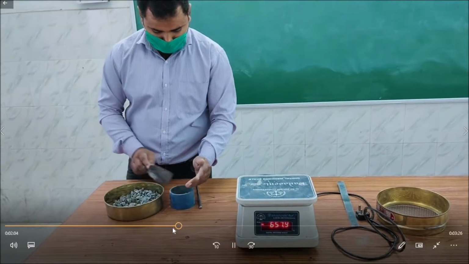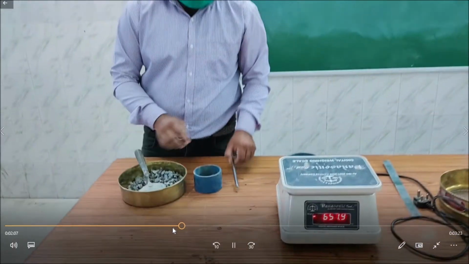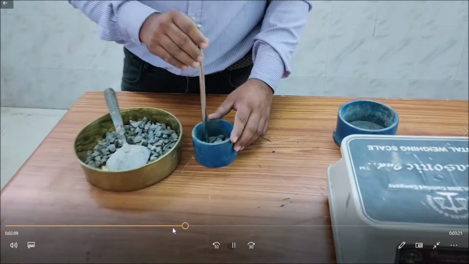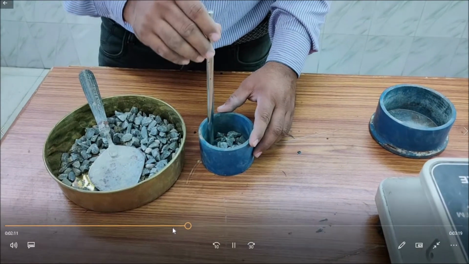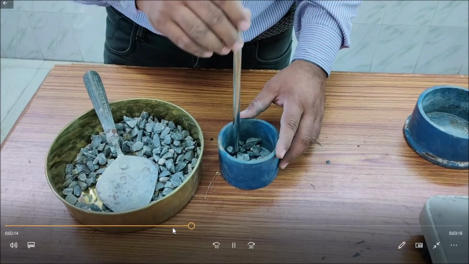Then the aggregates were taken in the mold, filled up to 1/3 portion of the mold, and it is tamped with the help of a tamping rod.